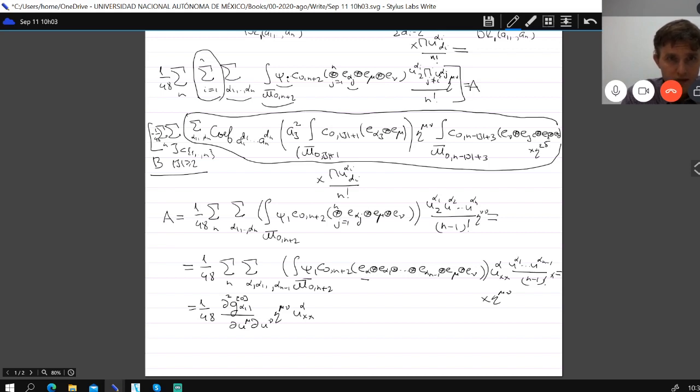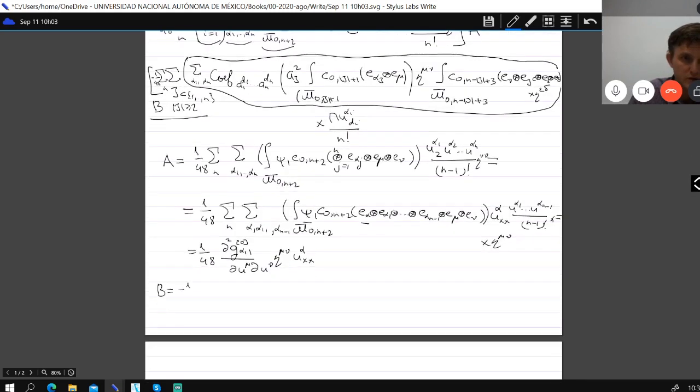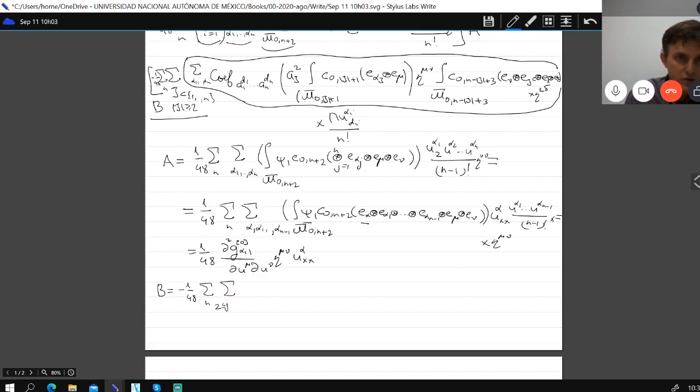Then we can say that B is equal to minus 1 over 48, some more n, and then you just sum over all cardinalities of J. Let us denote this sum over J greater or equal to 2, less or equal than n.